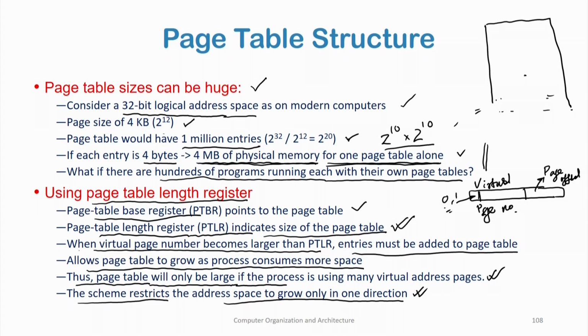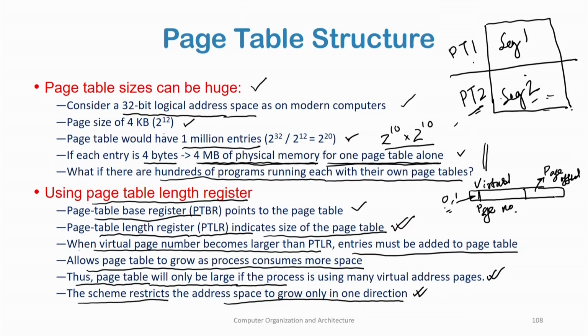This virtual address space is divided into two parts, and this division is based on the most significant bit in the virtual page number part of the virtual address. I will call this segment 1 and this segment 2, and I will have a separate page table for segment 1 and a separate page table for segment 2.